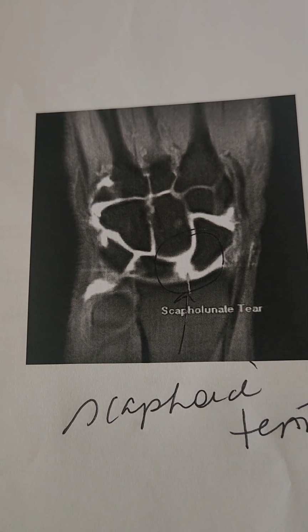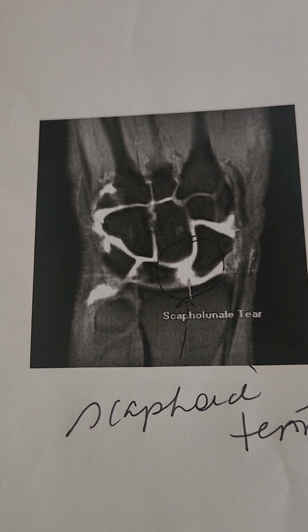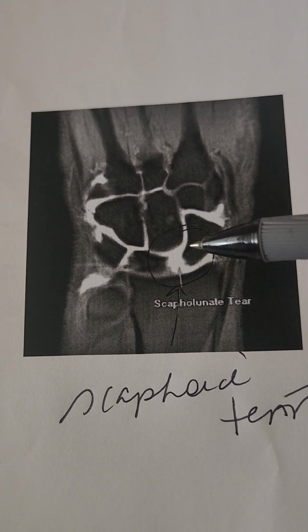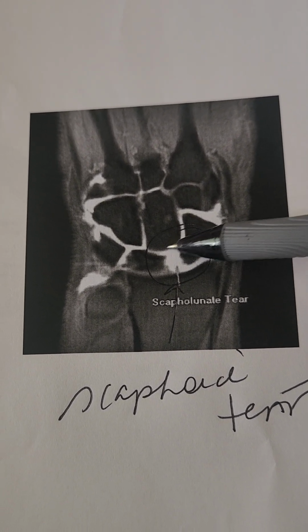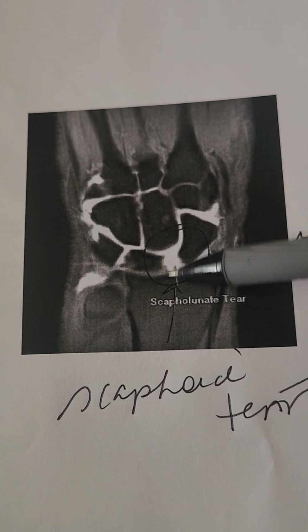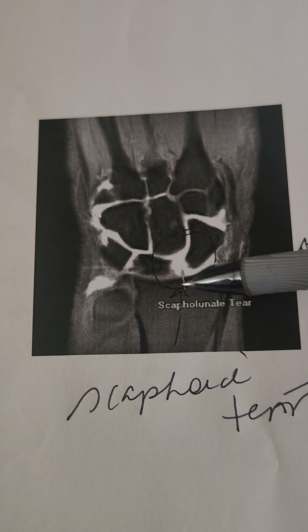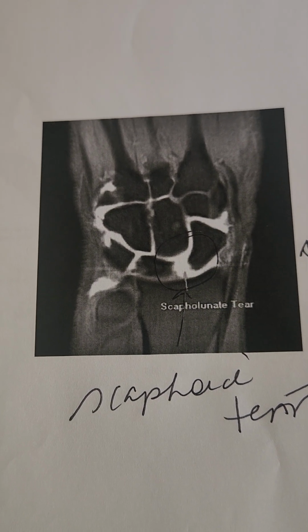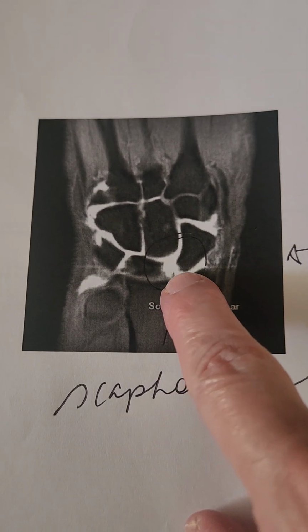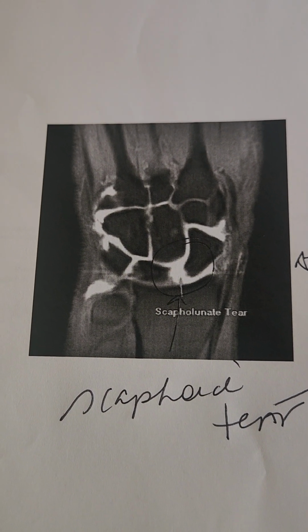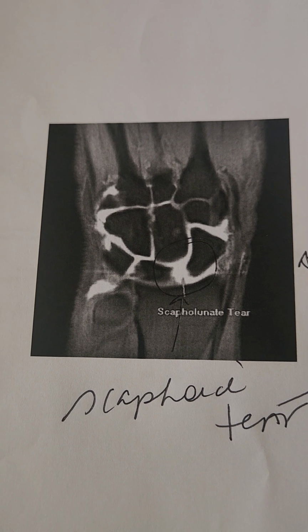So the radiologists, the doctors that work in x-ray, MRI, CAT scan, that sort of thing, look for the contrast to leak, so to speak, outside of the space to determine if there is a ligament or tendon tear. In this case, they're calling it the scaphoid lunate space tear.